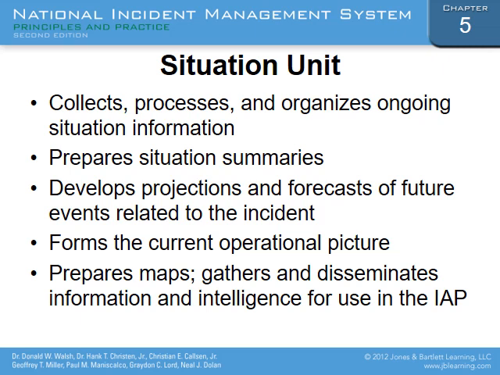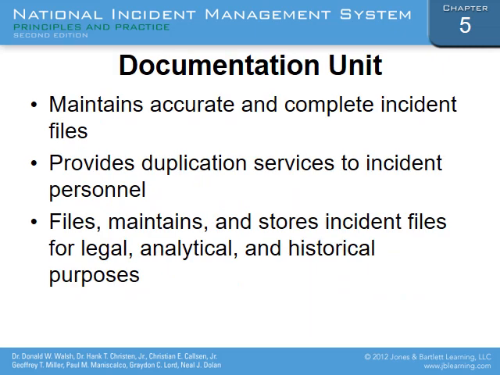So these are kind of like your fact finders. They look at the incident and say, okay, the wildfire was this big this day, now it's this big this day, whatever the case may be. Then you have your documentation unit, and this is where the rubber meets the road. These are the folks that actually make sure that everything's written down. They provide duplicate services to the incident personnel.